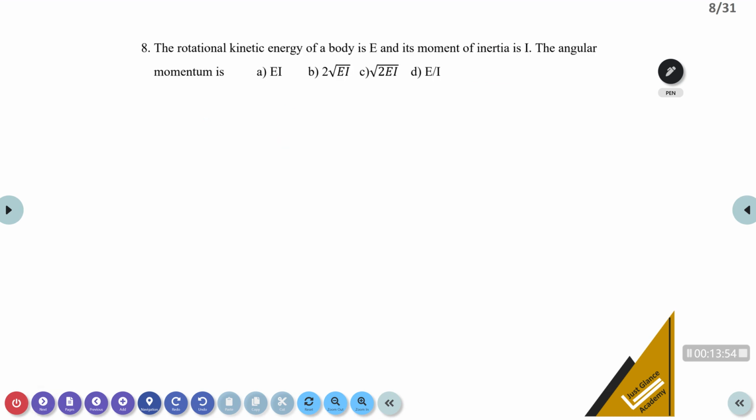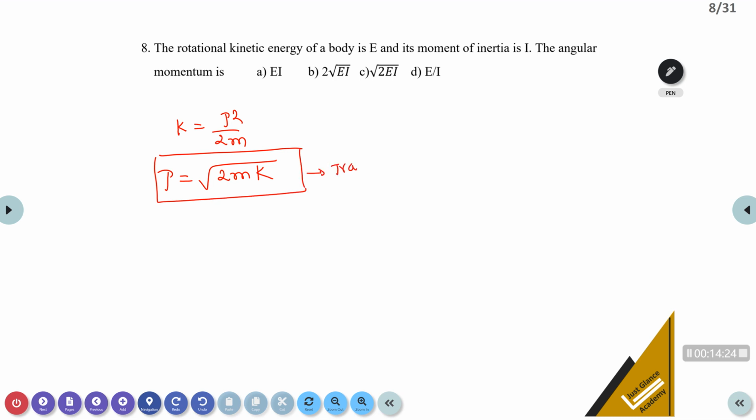Next, the rotational kinetic energy of a body is E and its moment of inertia is I. The angular momentum is? Remember students, in translational motion I told you that kinetic energy equals P square divided by 2m, so P equals square root of 2m into K. Many a time I discussed this.